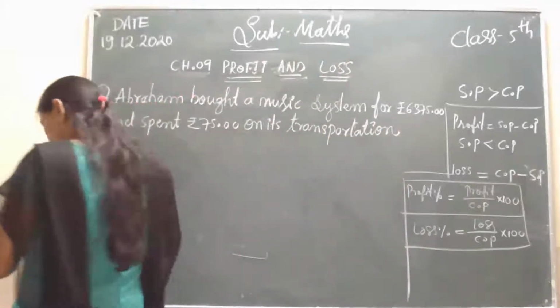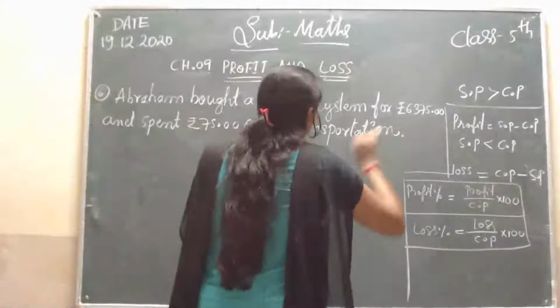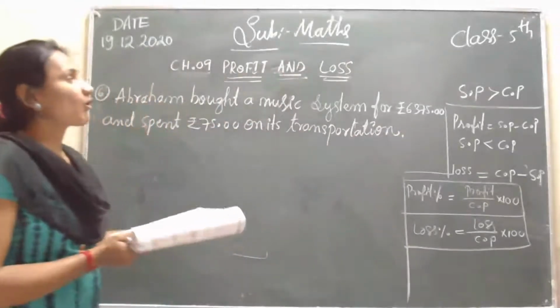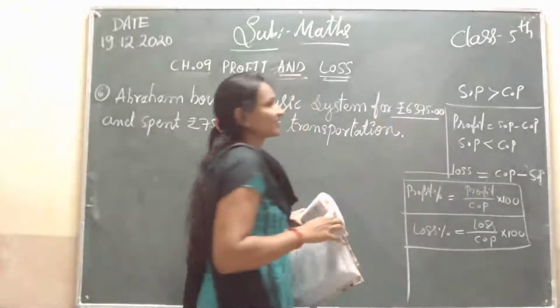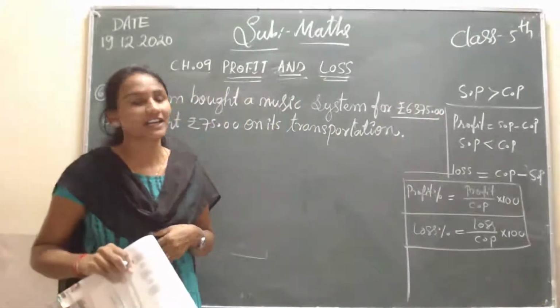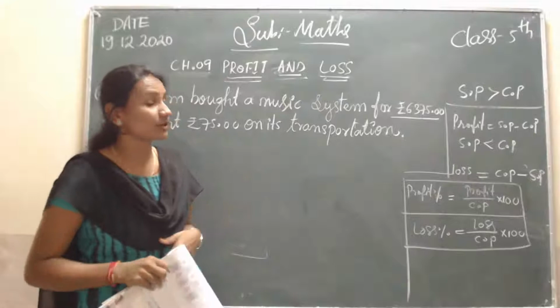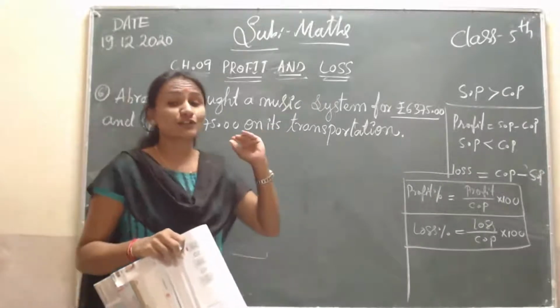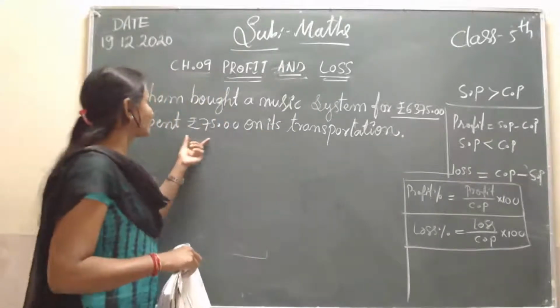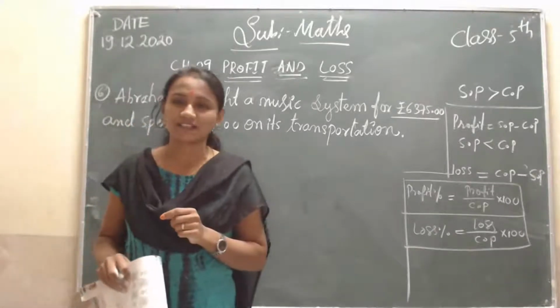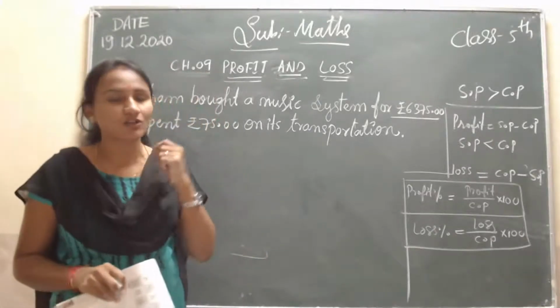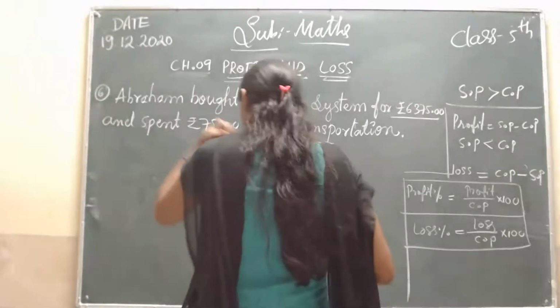Students, what is the original cost price of the music system? The original means the main rate, that is 6,375 rupees. But for transportation, how much is spent? 75 rupees, because it is the total cost price, students. Yes, you have to consider both in the cost price. So next.